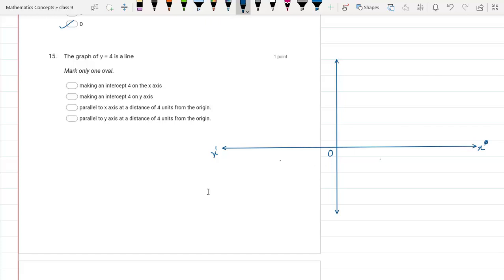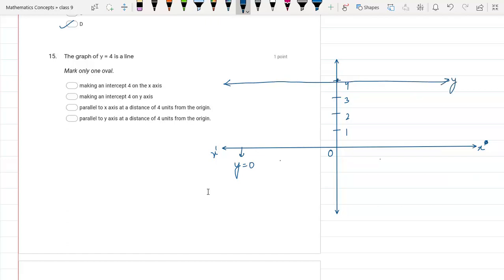Why is it y equal to 0? Because on the x-axis every point has y equal to 0, and I have told you that a line parallel to the x-axis has an equation of the form y equal to a. So right now we have y equal to 4. Obviously this line is parallel to the x-axis and passes through the point 0, 4. So this is the line given to you as y is equal to 4.